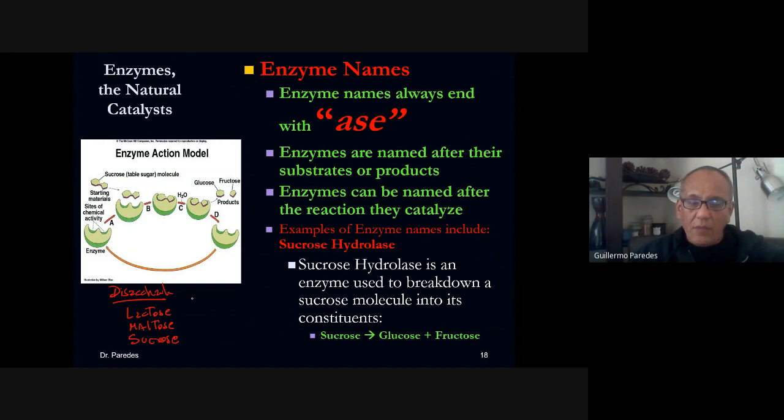But there's an enzyme called, for example, for lactose, the enzyme is called lactase. Can you see the difference? Lactose is the disaccharide, and lactase is an enzyme that is going to break down the lactose into galactose and glucose.